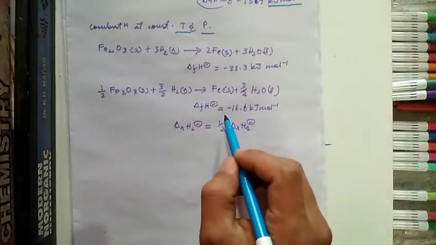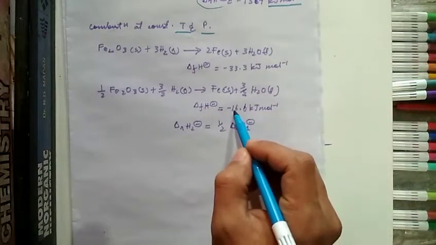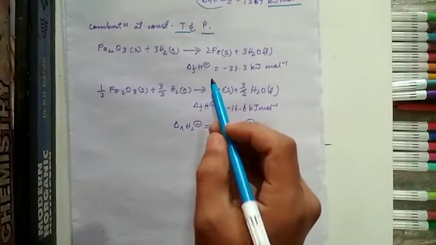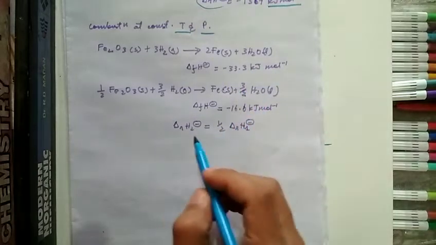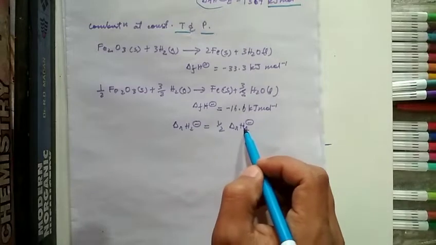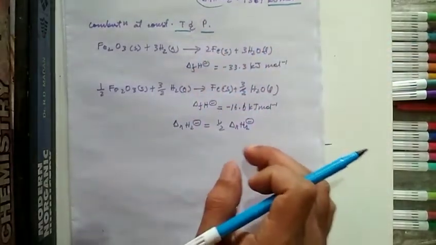What we get is delta rH minus 16.6 kilojoule per mole, and for the first one we get minus 33.3 kilojoule per mole. In this case delta rH2 is half of delta rH1. So this one is half of this one.